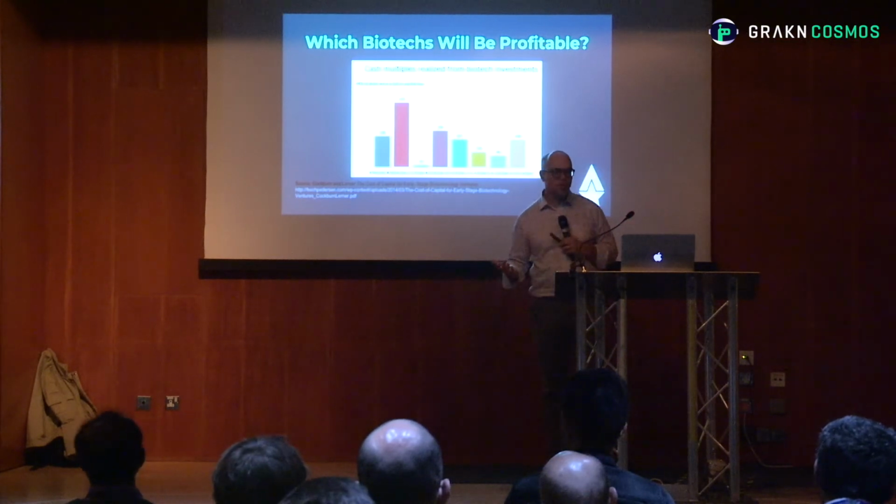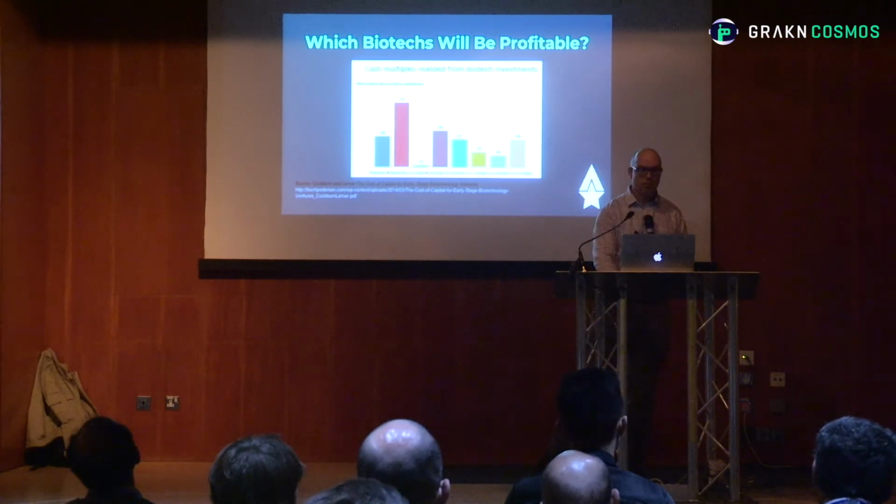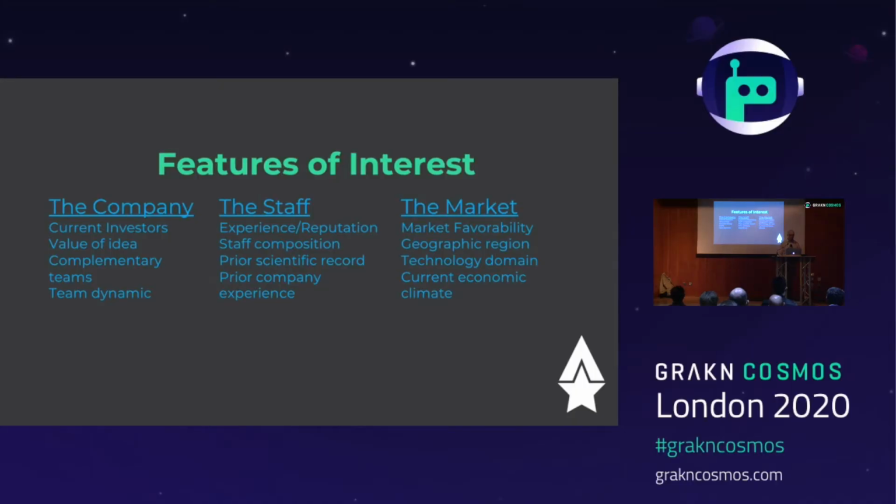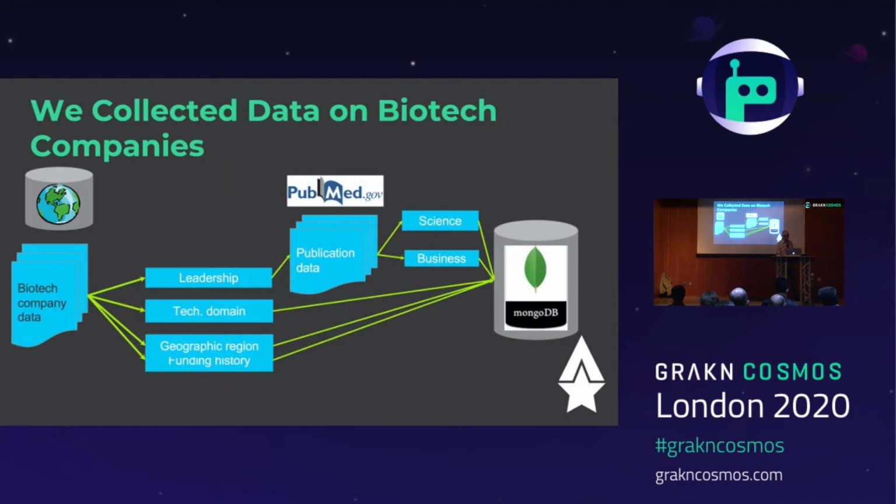And the first question is, is there actually a signal in the data? Is there anything usable? So we looked at the features of interest, the company, the staff, and the general market, like which market they're in, and we pulled out another subset of features. You can see a very cartoon version of this.